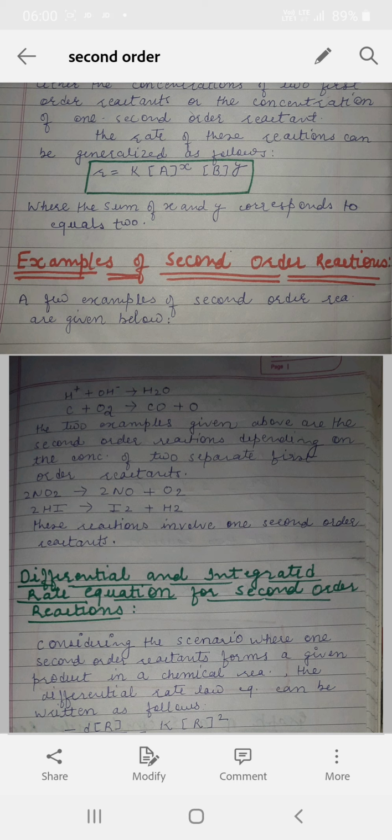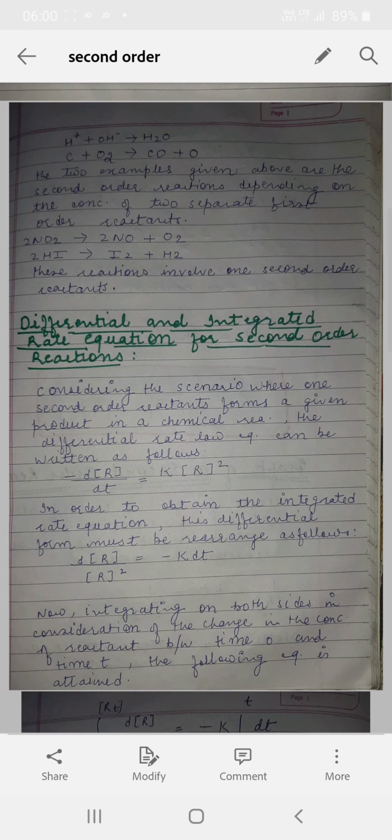Now let's study the differential and integrated rate equations for second order reactions. Considering the scenario where one second order reactant forms a given product in a chemical reaction, the differential rate law equation can be written as follows: minus d[R]/dt is equal to k[R]².